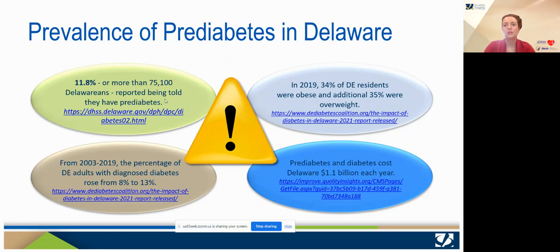And then, of course, the correlation with obesity. Roughly 34% of Delaware residents are reported as obese. The obesity prevalence by county breaks down to 34% for the state, roughly 31% for both New Castle and Sussex County, and Kent County coming in at 42%.